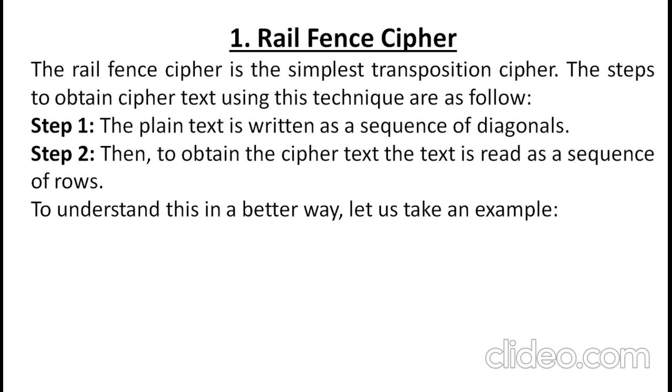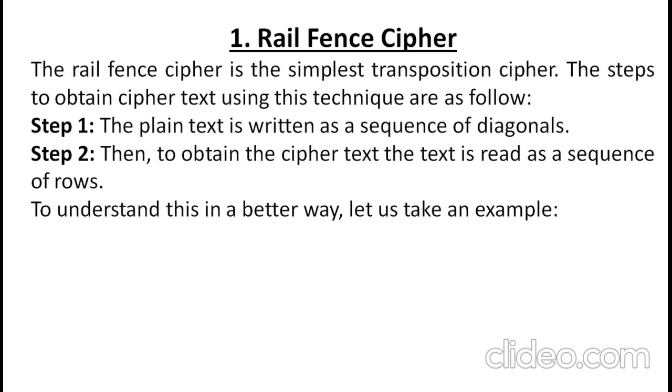Second, to obtain the ciphertext, the text is read as a sequence of rows, one by one, row by row. This is the second step.